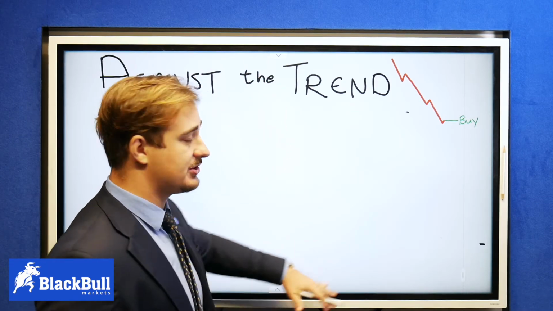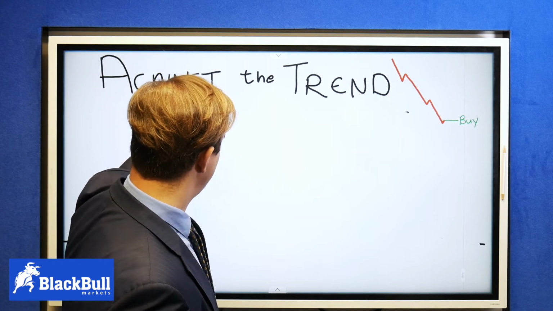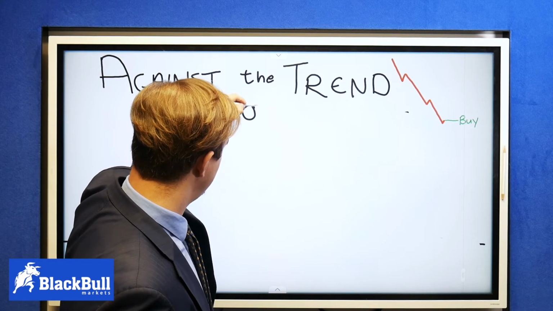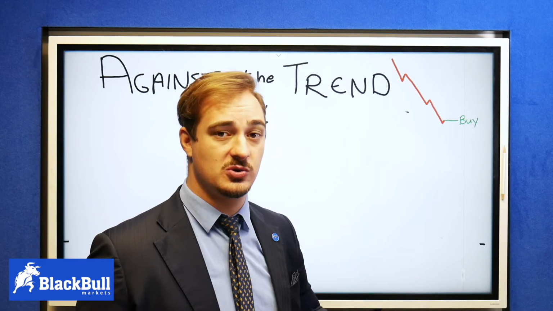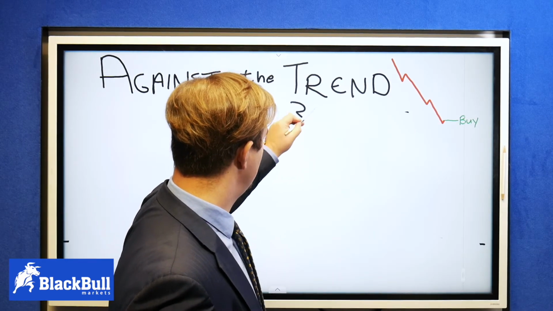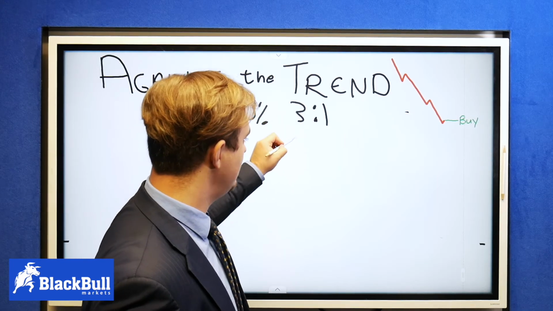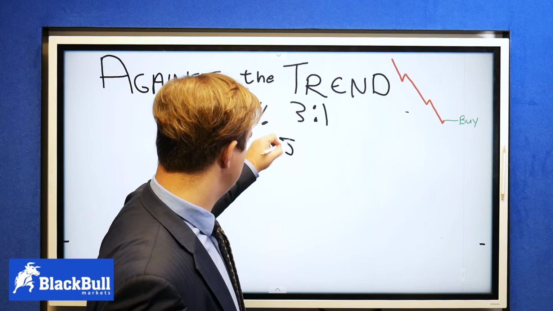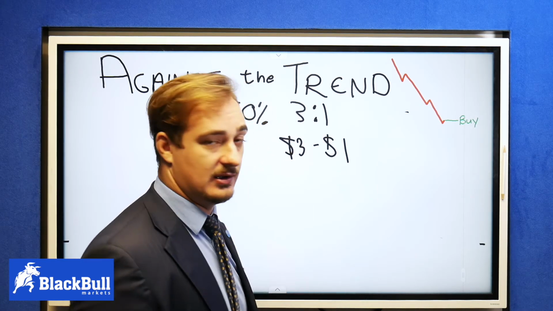For example, I'm not a trend reversal trader, I'm just a normal swing trader. So I'm about 50% accurate, okay? And my risk reward ratio can be 2 to 1, but I like to play with a 3 to 1 risk reward ratio. So essentially that means every time I win, I make $3, and every time I lose, $1, okay?